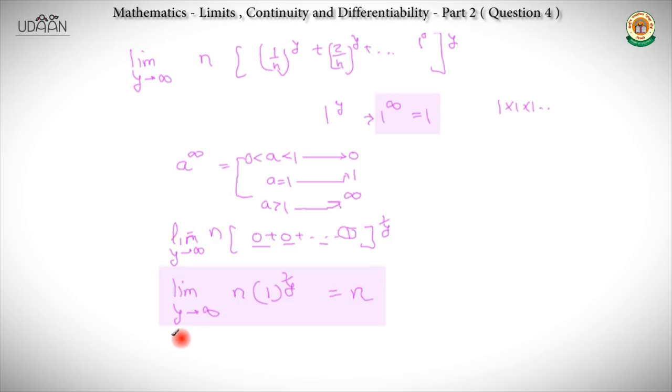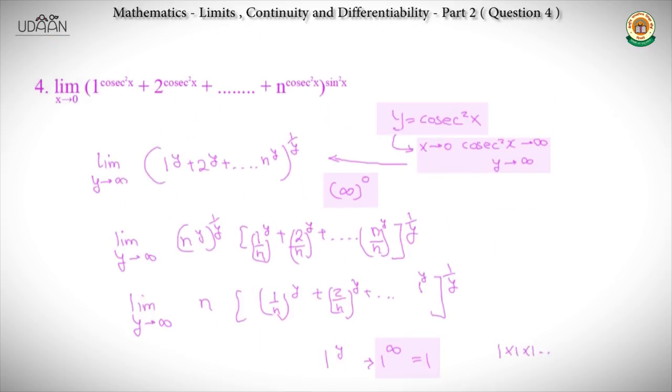So the final answer, let's just recap for a second over here. There was a limit. There were complicated addition terms and trigonometric squares and whatnot. But once we see the similarity of cosecant square x being a very common term, and also sine square x, which can be expressed in terms of cosecant square x, we immediately took up y equals cosecant square x. And we change the limits accordingly.